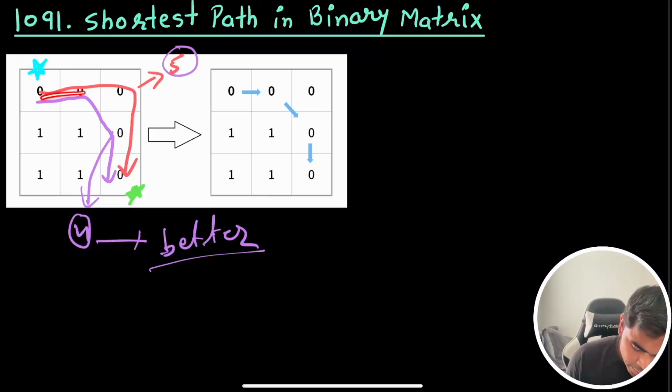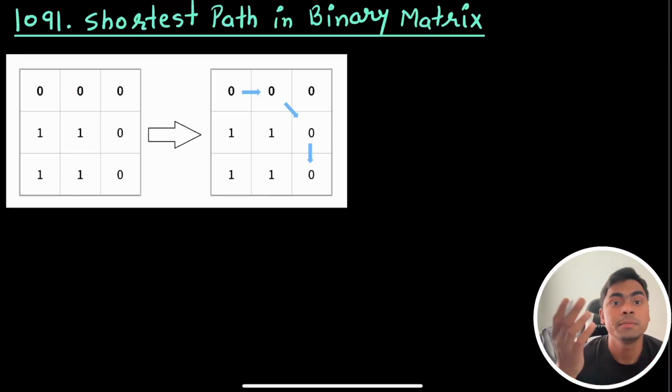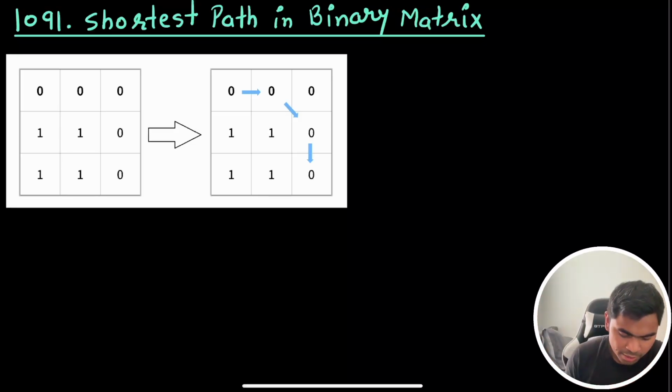So how do you think we will be doing it? Well, first things first, we will be using breadth first search, BFS, and we will first append this value to my queue.